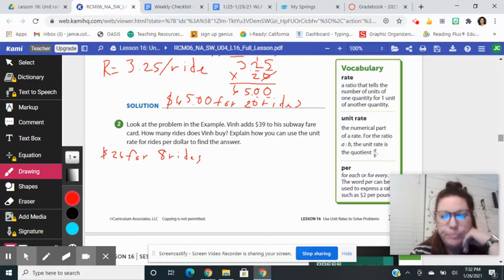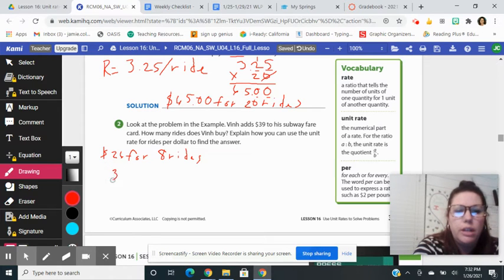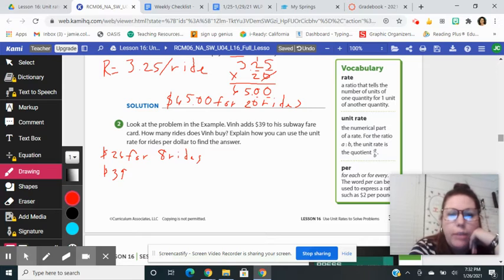Okay, Vin adds $39 to his subway fare. Okay, so he's going to do it for $39. How many rides does Vin buy? That's what we're looking for. We're looking for how many rides he's going to be able to buy. Okay, so now we're looking for this part.